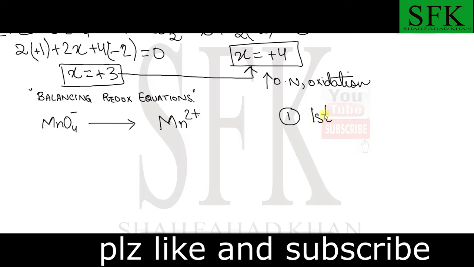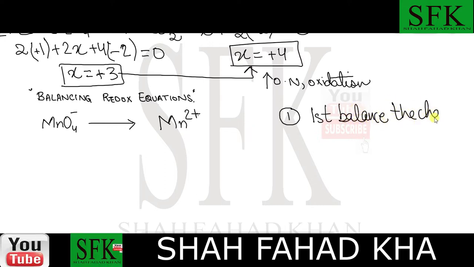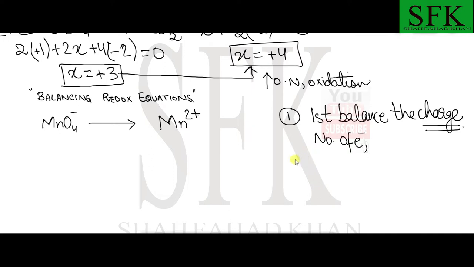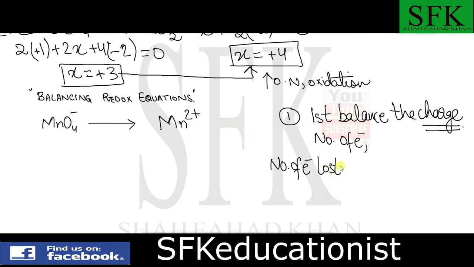First, balance the charge. By the charge, what I mean is first balance the number of electrons. So how to balance the number of electrons? Well, it's easy. This is a basic rule of redox, that the number of electrons which are lost must always equal the number of electrons which are gained.